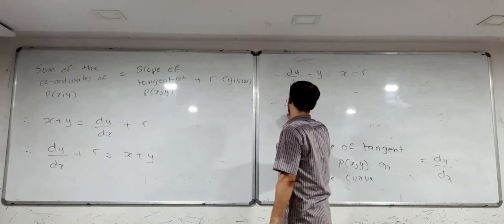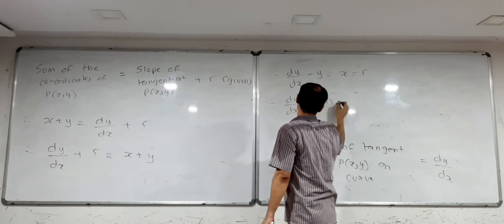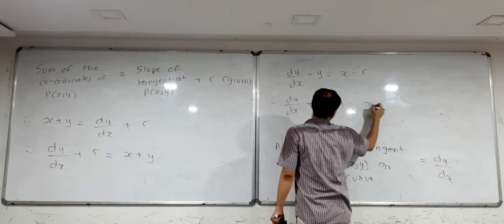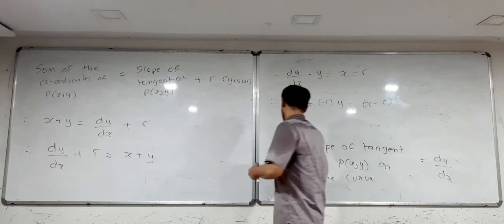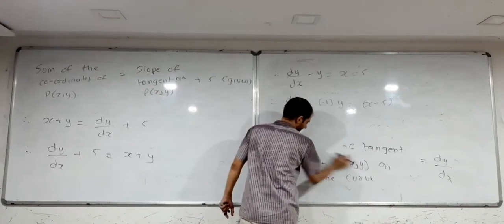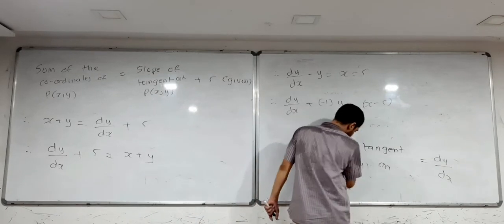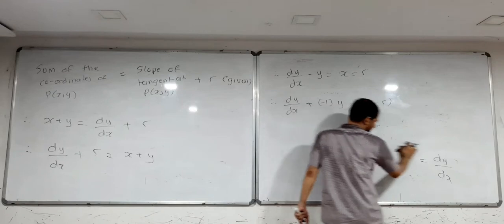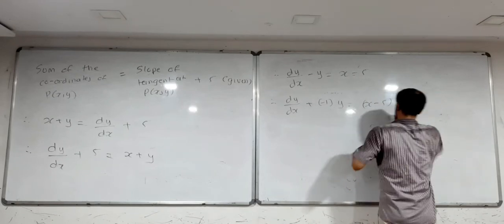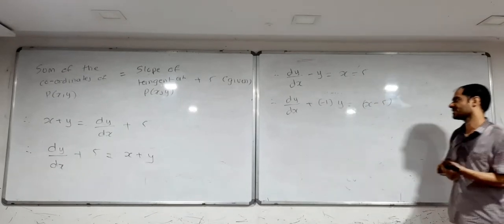So dy by dx plus minus 1 into y is equal to x minus 5. अब इसका p of x is minus 1, q of x is x minus 5, तो इंटीग्रेशन करना पड़ेगा.